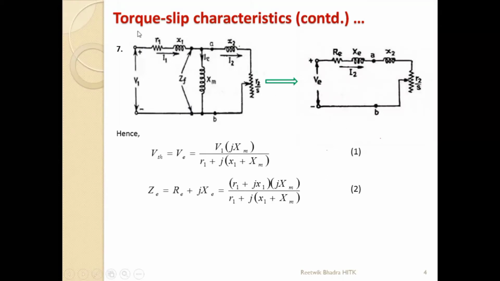If you have to find the loss on this side, then I square into RE. If total loss you have to find out, then I square into RE plus R2 by S. That's how you can find out your losses. That's why we have to separate our R and X in order to find out the losses, then only you can go for finding efficiency. That's why separation of ZE into RE and XE is required. Yes.